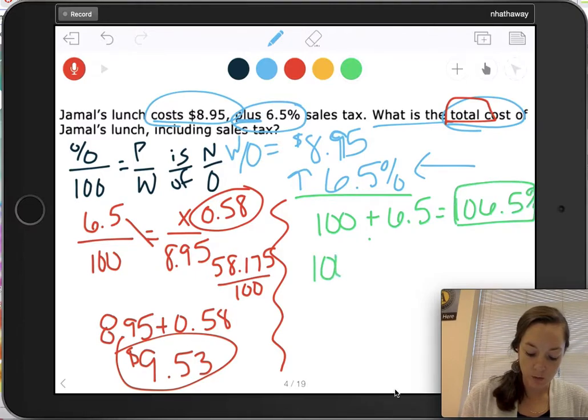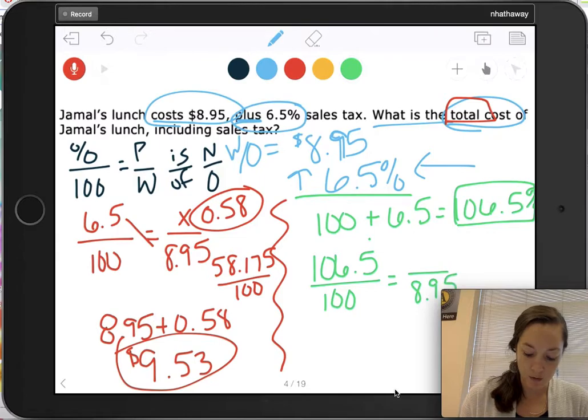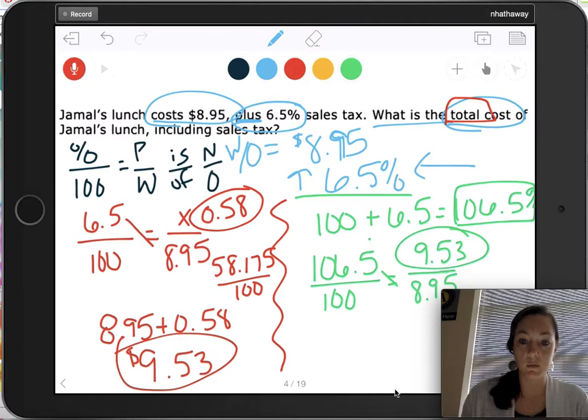So we could say 106.5 over 100 equals something over 8.95, our original value. We can cross multiply and we would get 953.175, divide by 100. We would get $9.53 when we round to two decimal places.